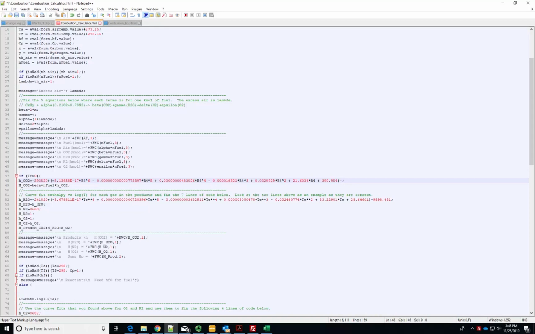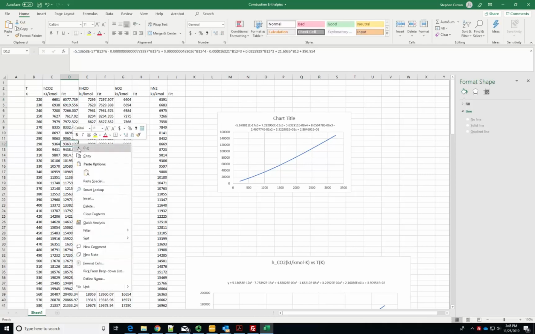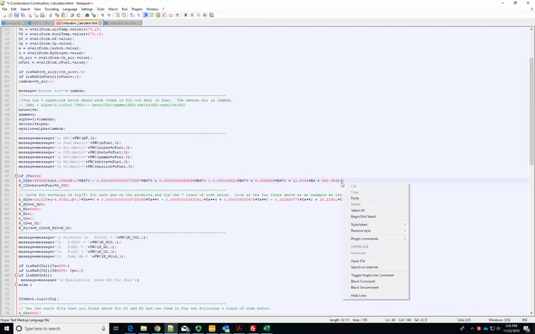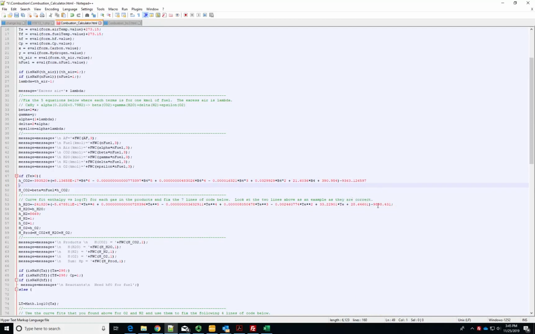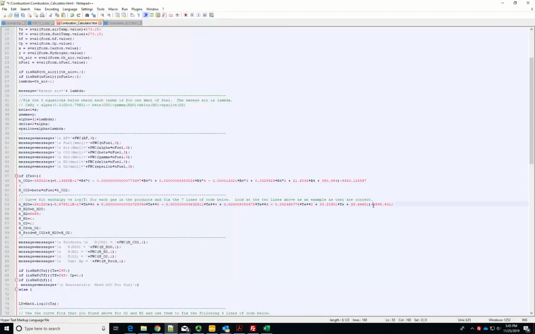Let's use the value from the function. Copy this value. Let's see if it will. Sure enough, and actually I get more digits, so let me do that on the other one as well. For my H2O. Alright.